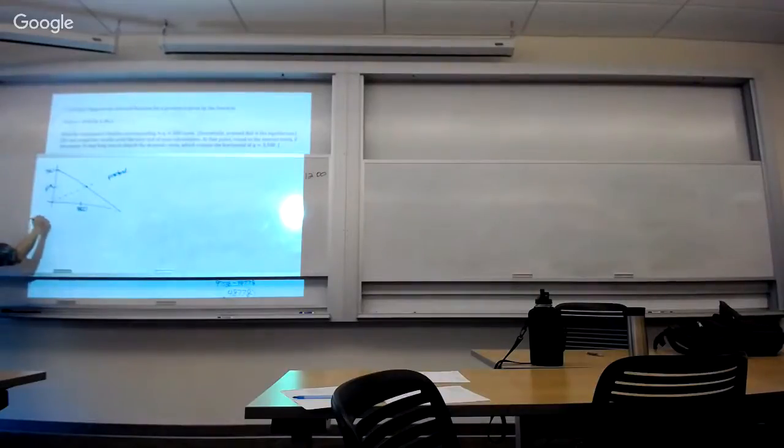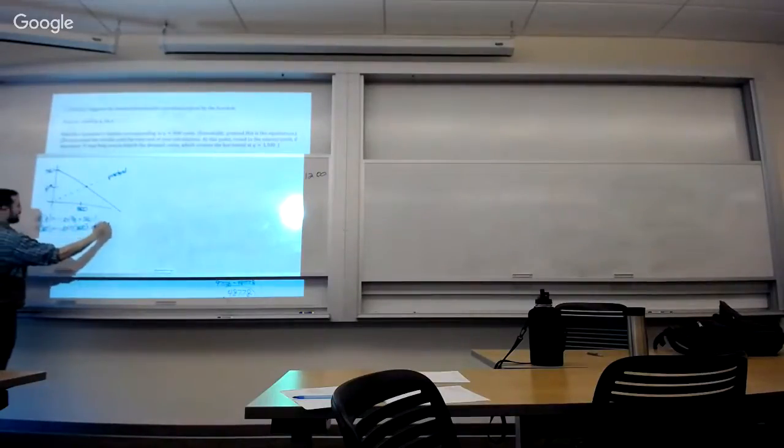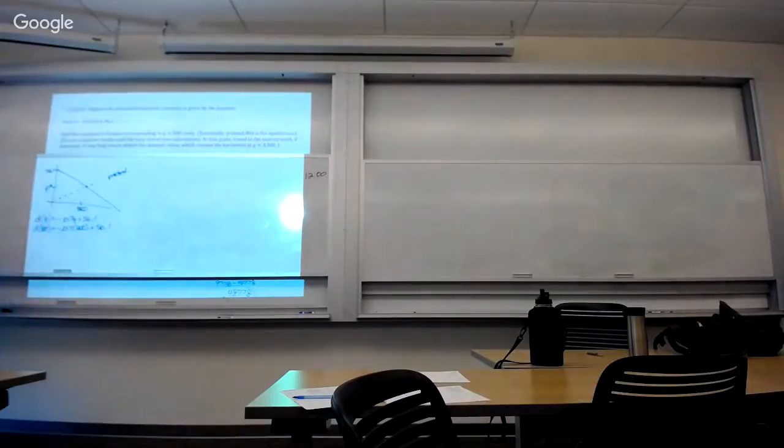So D of Q was negative 0.017 Q plus 56.1. So we plug in 800. Get something. I got 42.5.